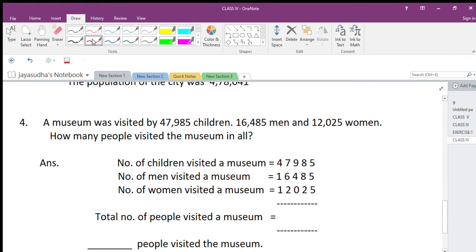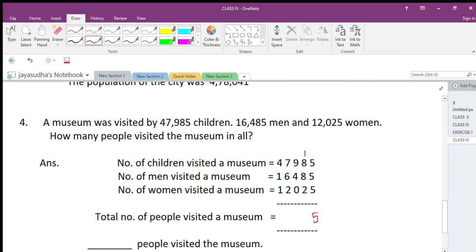Listen, this 5 plus 5 is 10, 10 plus 5 is 15. So 15 means you write 5 here and carry 1 to the next one.